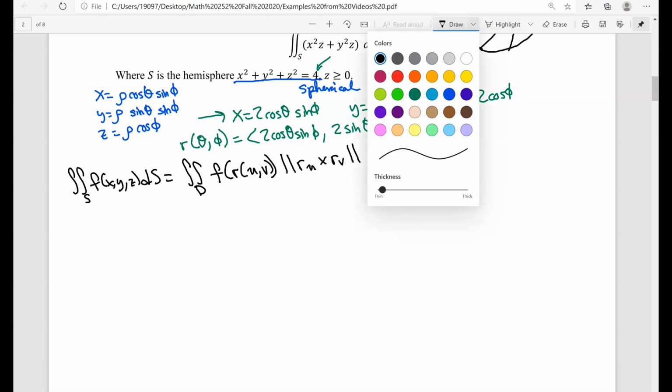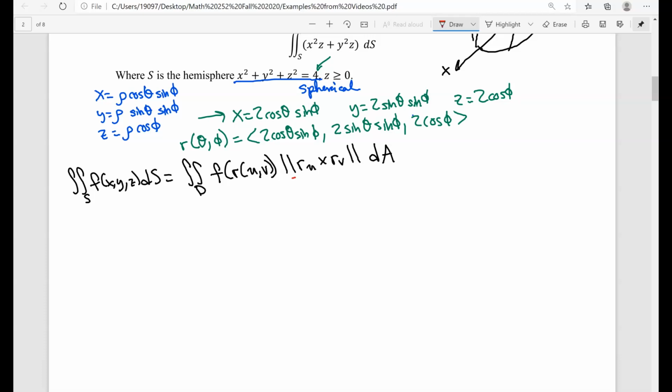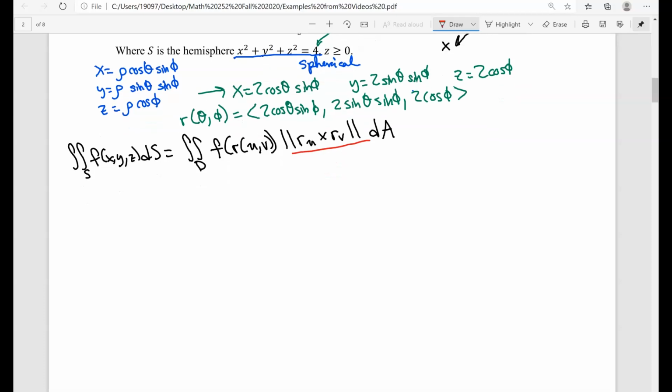I will tell you right now that this one, especially in spherical, is not going to be that great because you have so many different things here. So I need to figure out what that guy is.